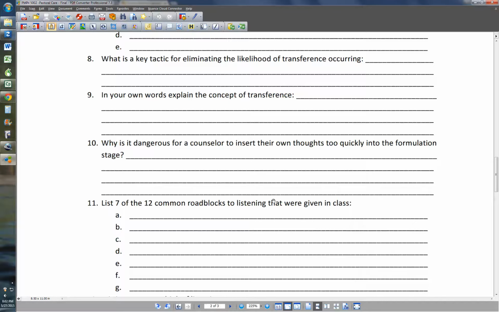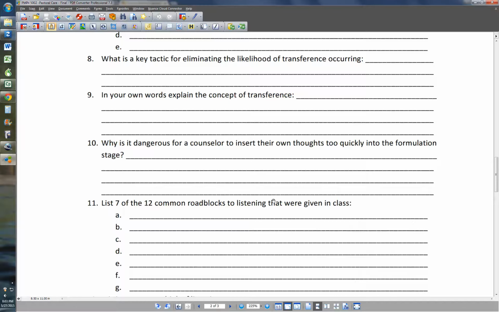He's thinking this, I've seen his type before, that kind of thing. So to eliminate the likelihood of transference, sometimes you want to interject some things that make you seem genuine, some personal stories, personal reflections, that kind of stuff, so they don't see you as a stereotype of something. They see you as a genuine, just unique person that they can engage with. So the genuineness, the openness, that's the tactic, right?